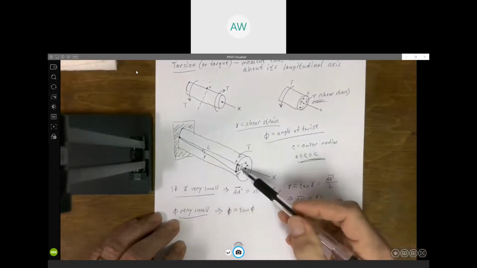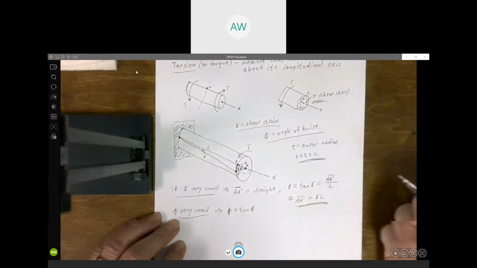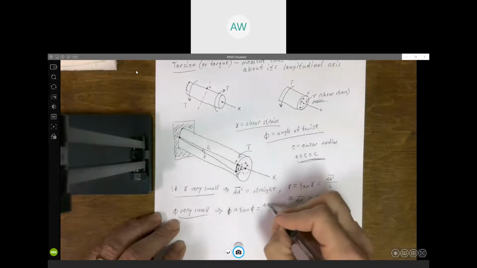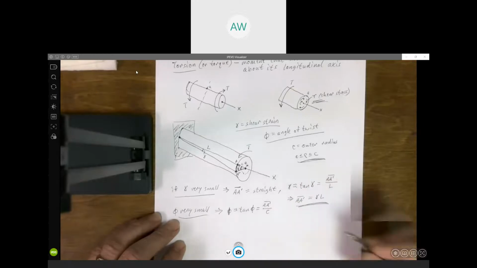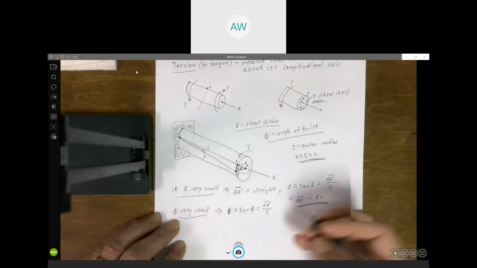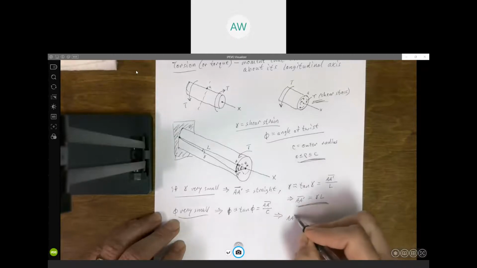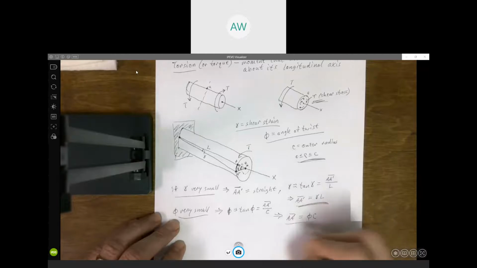Now here, looking at this angle, this is the angle of twist phi, tangent being opposite over adjacent, opposite would be our assumed straight side, divided by the outer radius of that circle. So if you solve that for A prime, it's equal to phi times C.